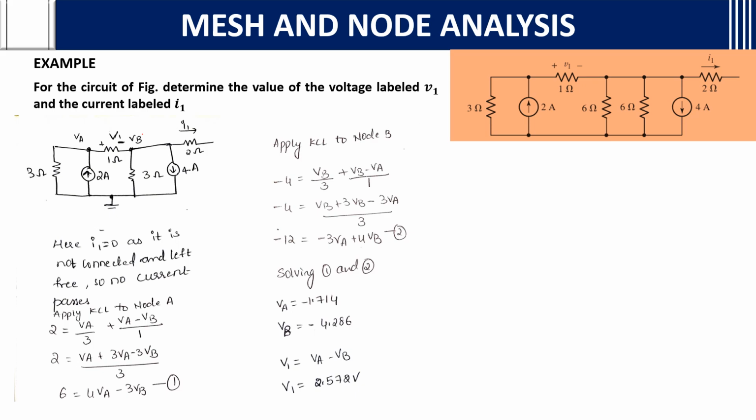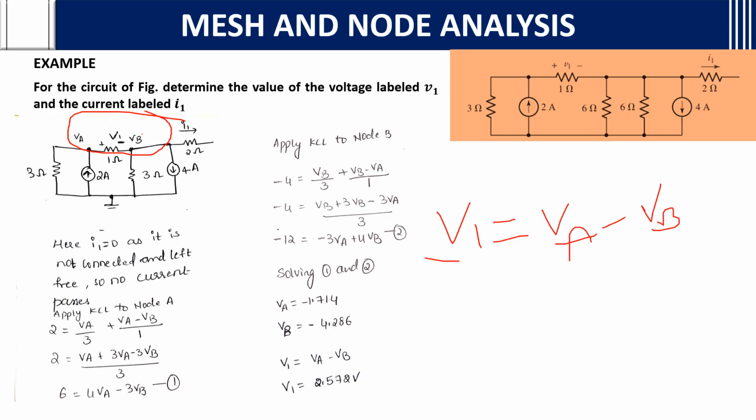Solving 1 and 2 using a calculator, Cramer's rule or the cancellation method, you will get VA and VB. If you want V1, the potential across this, remember, you want potential, not current. If you want current, I equals V by R, that is I equals VA minus VB by R. But if you want voltage, it is nothing but VA minus VB.